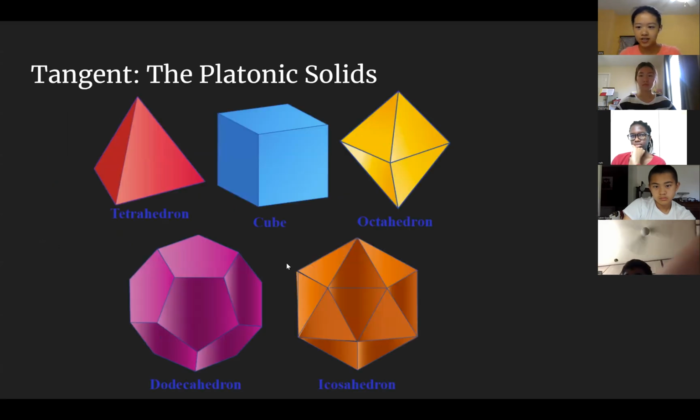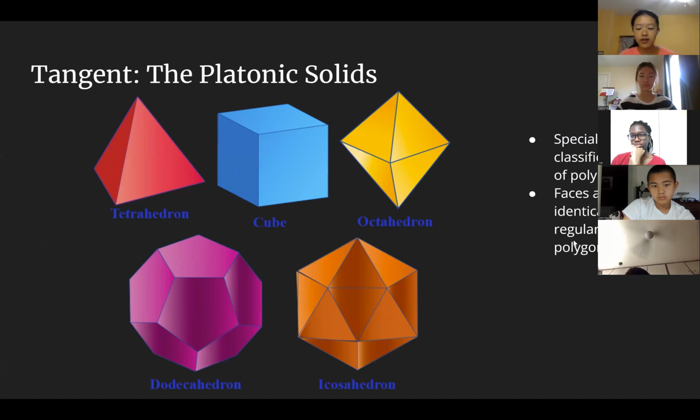Okay, so this is a bit of a side note, but these are the Platonic solids. They're kind of special because all of their faces are identical and they're all regular polyhedra. For example, in a tetrahedron, all the faces are equilateral triangles.